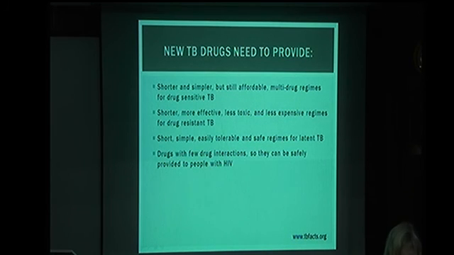And we want to have drugs that don't have drug-drug interactions, so that taking them for 6 months or a year isn't going to interfere with other medications that you might have to take. Particularly people with HIV who are also on their own cocktail of medications.